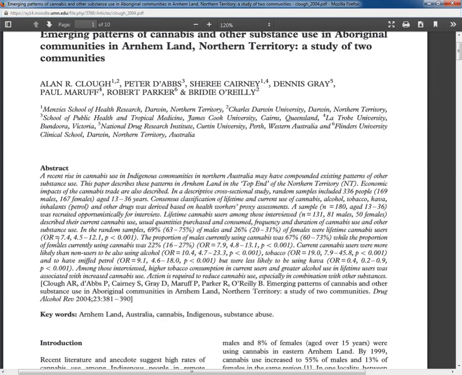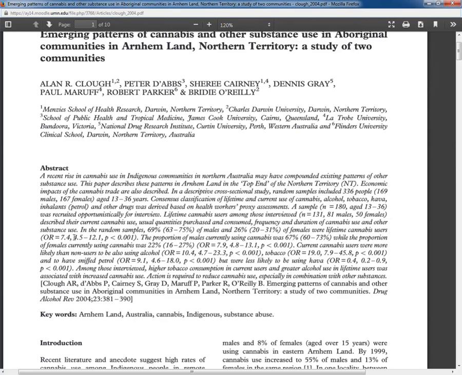That odds ratio is 7.4. That would mean that males are about 7.4 times the risk of being a cannabis user in their lifetime compared to females. So a very substantial increase in risk of cannabis use for males than females.